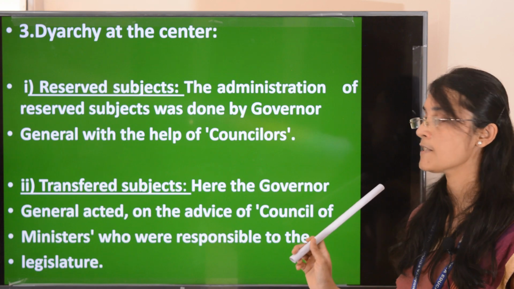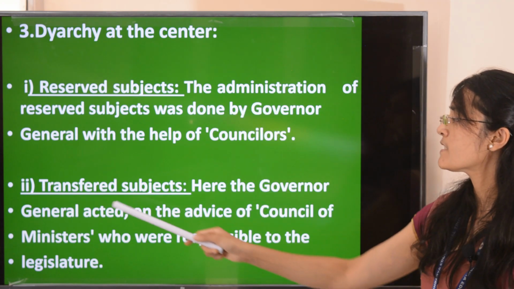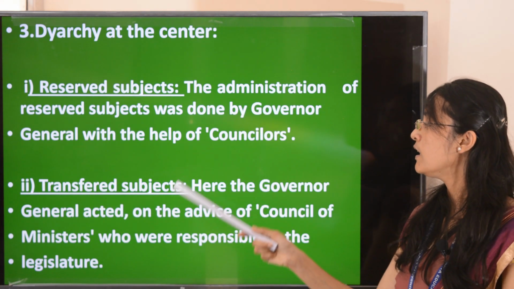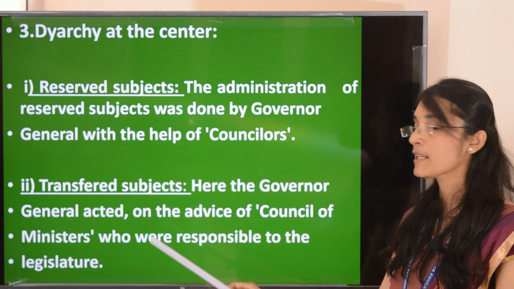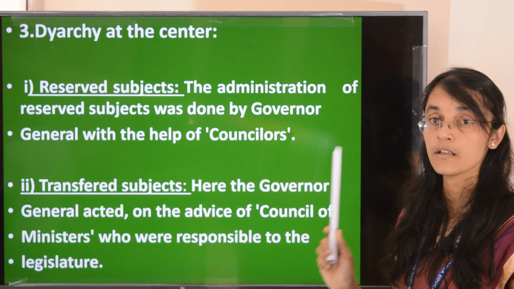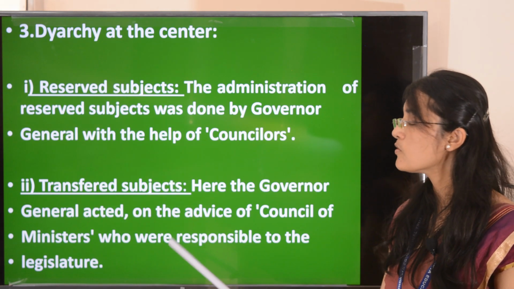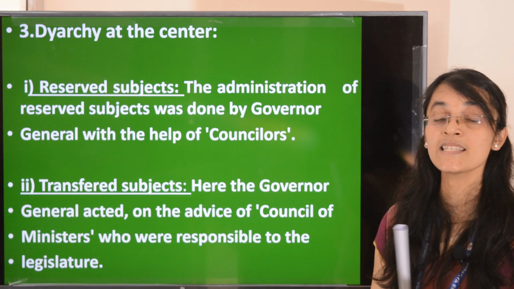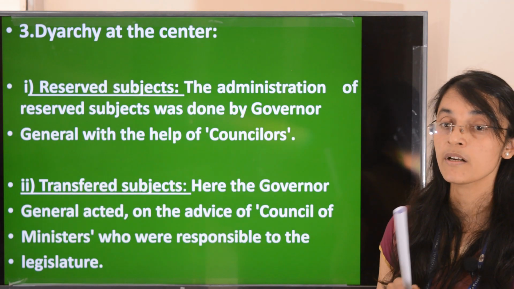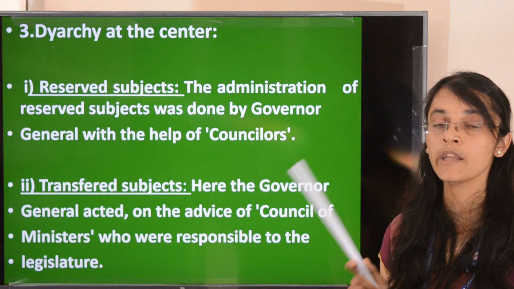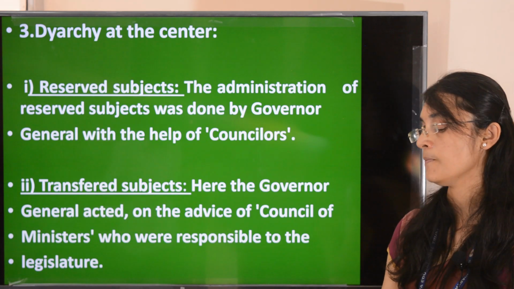Not to the legislature. And the second is the transferred subjects. Here, the Governor General acted on the advice of the Council of Ministers. These Council of Ministers were not answerable to the Governor General, but they were answerable to whom here? They were answerable to the legislature.